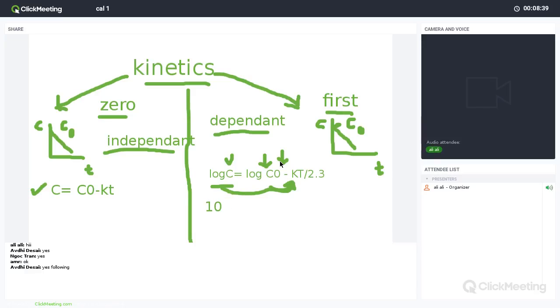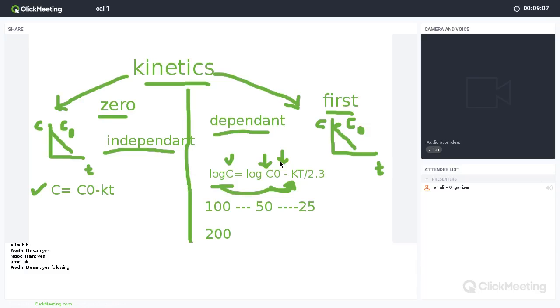We have here a concentration of 100 and a concentration of 200, for example. In the first example, we have a concentration of 100. After a specific time, which is called the half-life, we will explain this in detail after that, it will be 50.